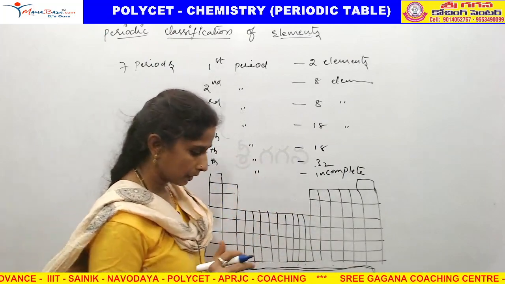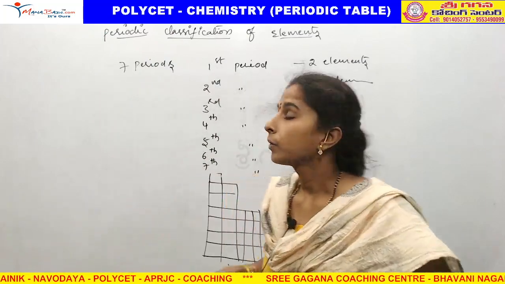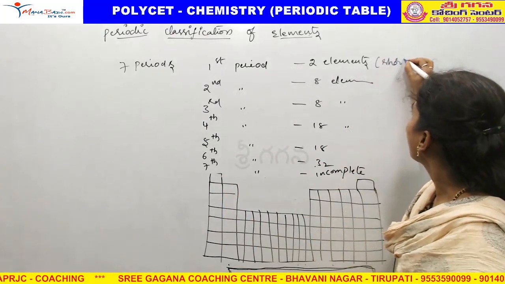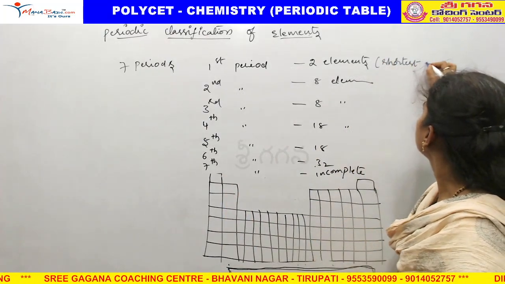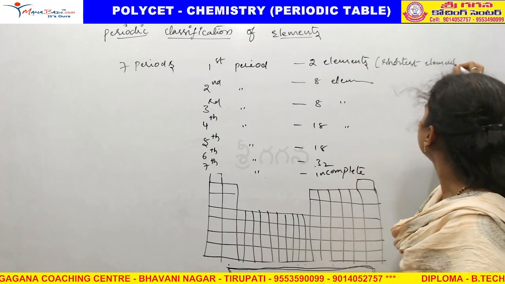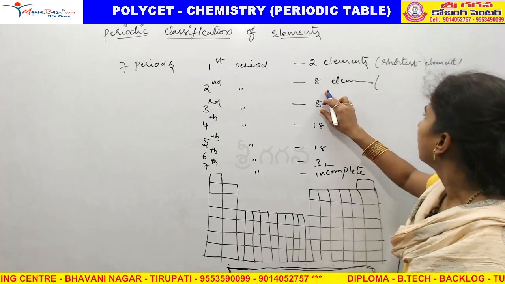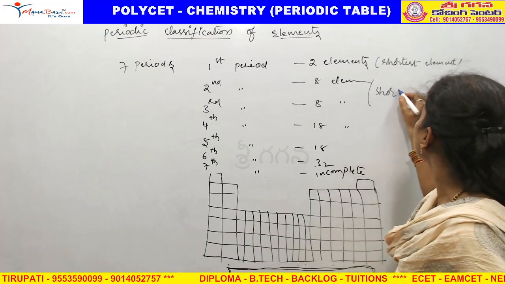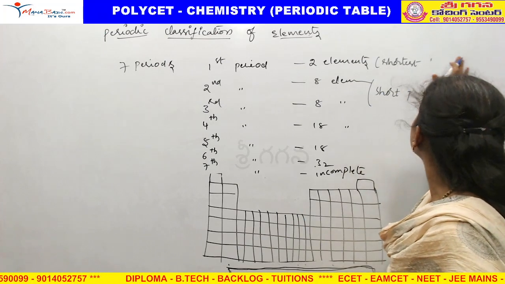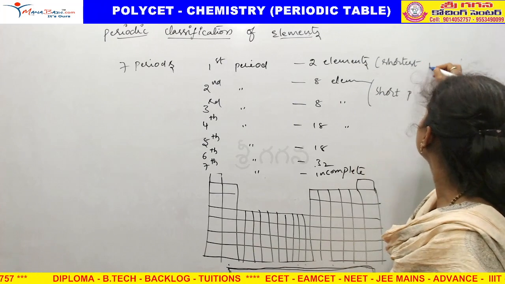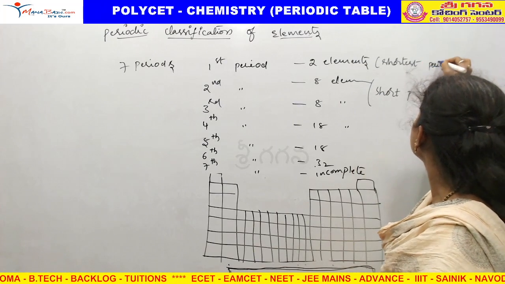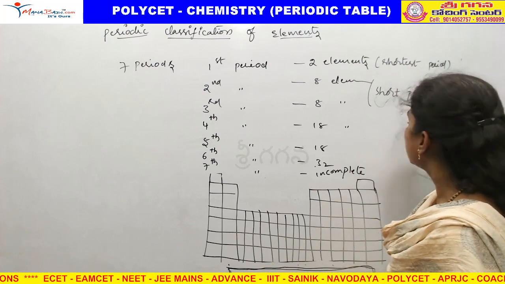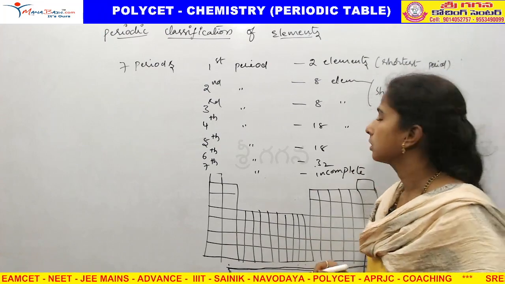The first two periods are called short periods. How many short periods are there? 2 short periods.